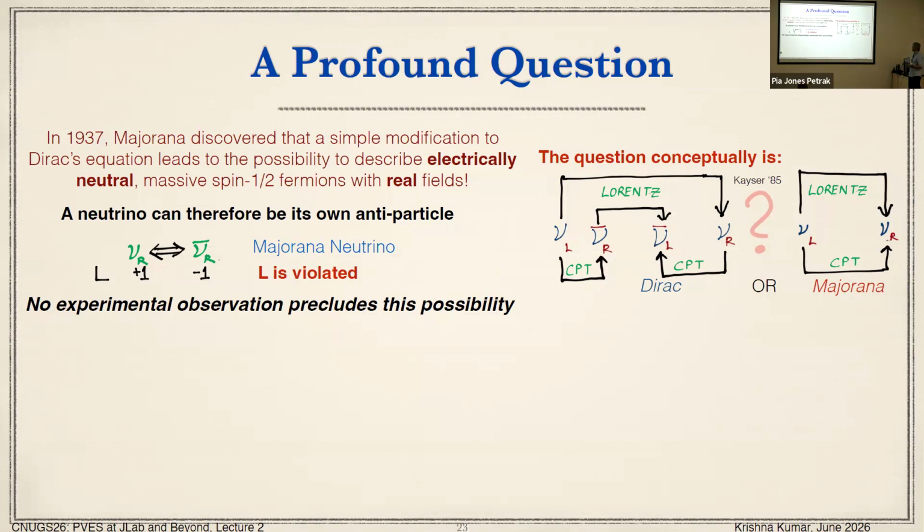This is the question. In this case, there are 4 Dirac particles. In this case, there are 2 Majorana particles. The question is whether when I do a Lorentz boost on a left-handed neutrino and a CPT transformation on the left-handed neutrino, do I arrive at the same particle or 2 different particles? That's the question.